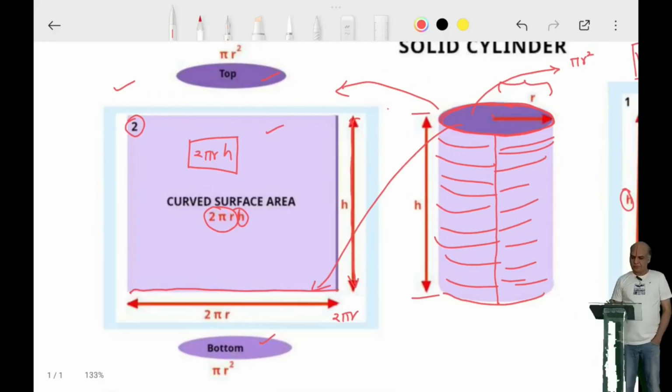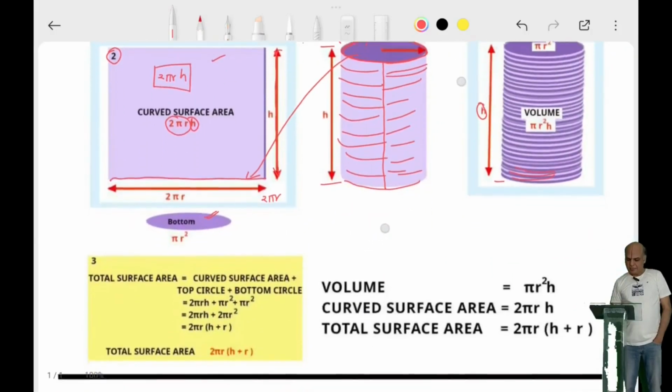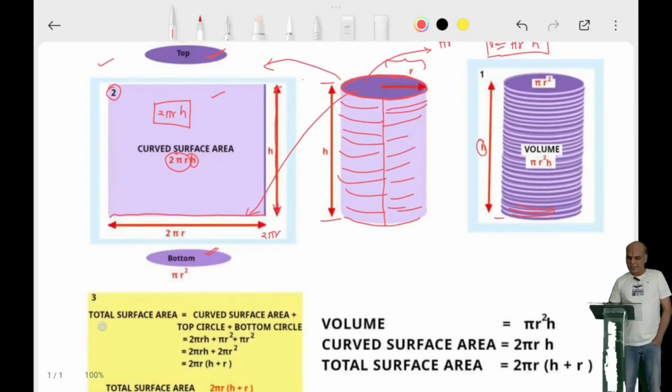Now, to the curved surface area, if I include the top circle area and the bottom circle area, then I get the total surface area. So this is the curved surface area. If I include the area of the top circle and bottom circle, I get the total surface area. The top circle area we have seen is pi r square. Bottom circle, another pi r square.